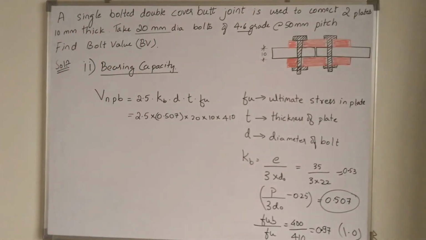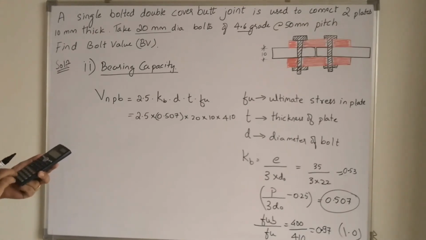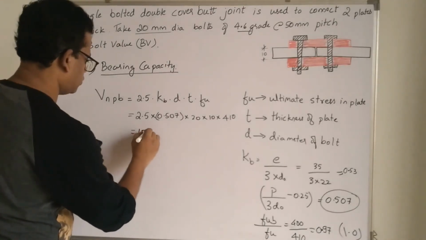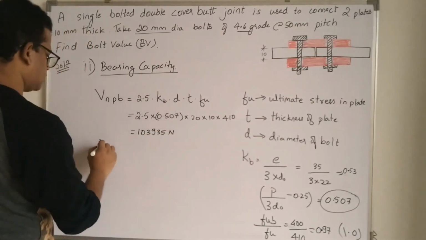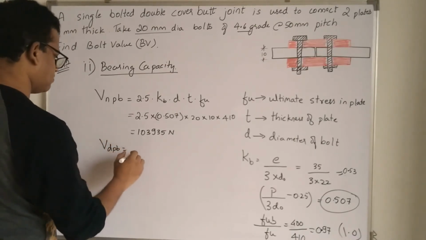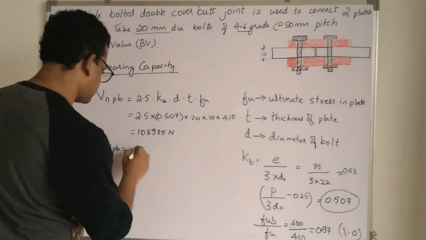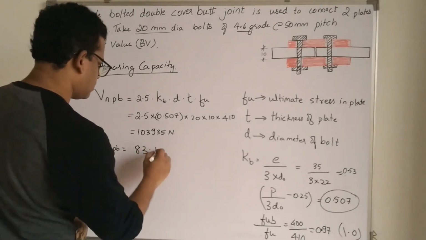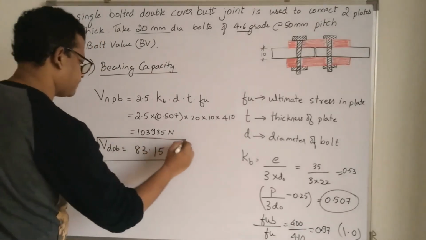Let me calculate this: 410 into 10 into 20 into 0.507 into 2.5. I am getting 103,935 newtons. So VDPB is this value divided by 1.25, which is 83.148. Let me write it as kilonewtons.